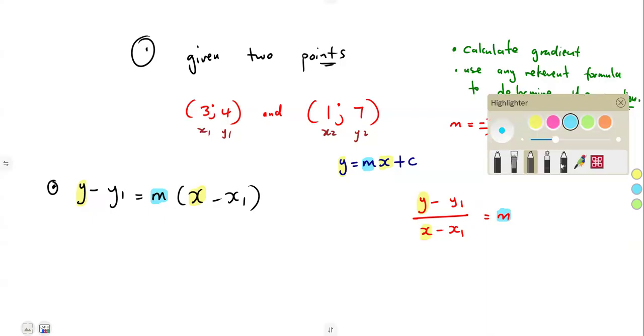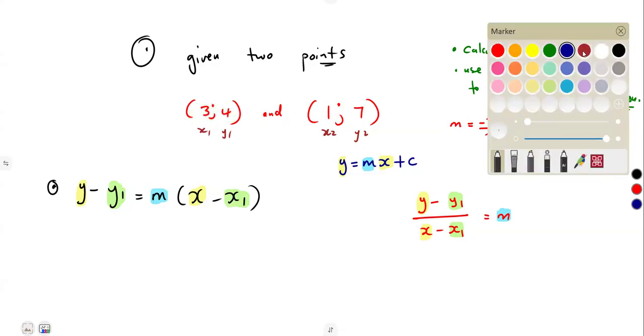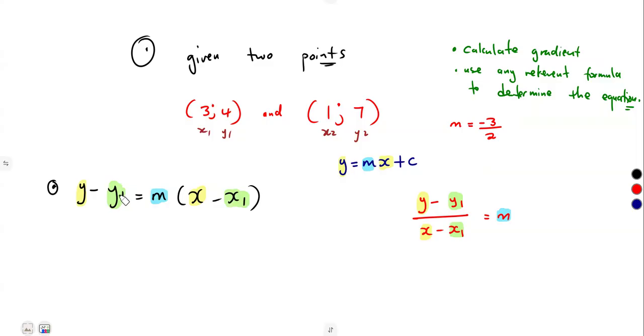So what about x1 and y1? This x1, y1 here represents a point. From the 2 points that you're given, you can choose any one of your choice. You can use the first point, or you can use the second point. So in actual sense, here it can be y minus y2, x minus x2.